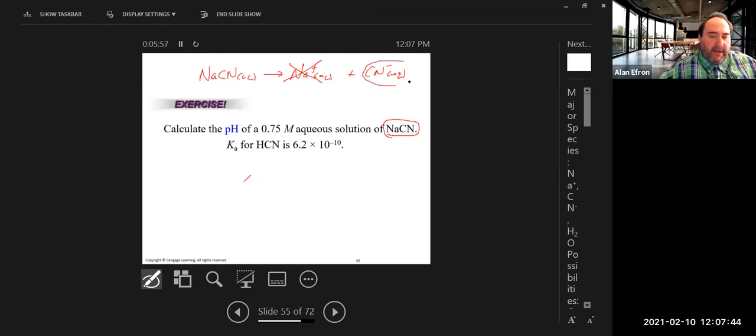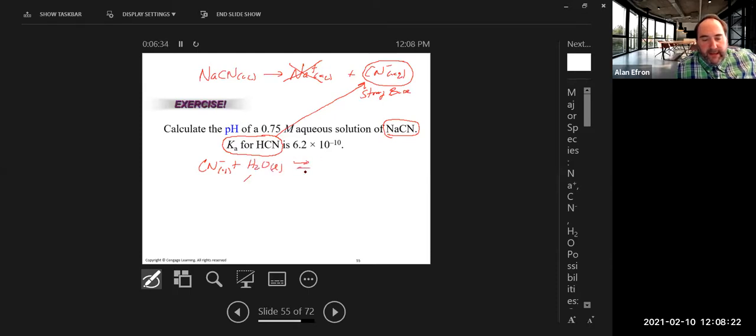Again, the CN minus here, if you're not familiar with where it came from, the problem itself gives you a pretty good piece of information. We were given the Ka value for HCN, Ka obviously indicating that that's a weak acid, which means that guy there would be its partner and act as a base, or a conjugate base. So we would expect that because this guy is weak, that the CN minus would be relatively strong, and we would get that reaction between CN minus and water.